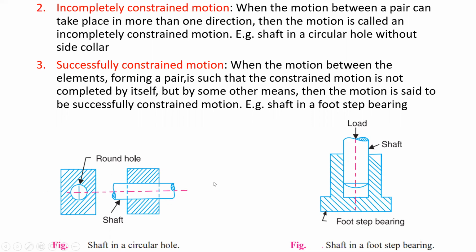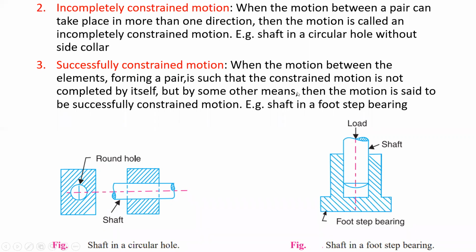Next is the successfully constrained motion. What is it? When the motion between the elements forming a pair is such that the constraint motion is not completed by itself, which means motion is not constrained by a mechanical connection like the collar used in the earlier case, then how is the motion constrained?